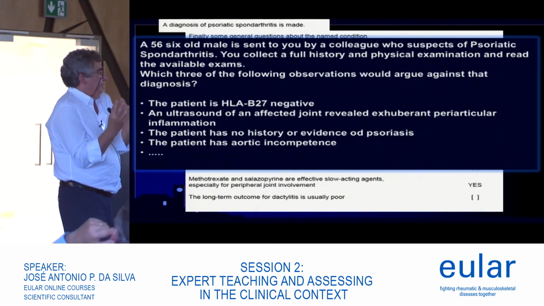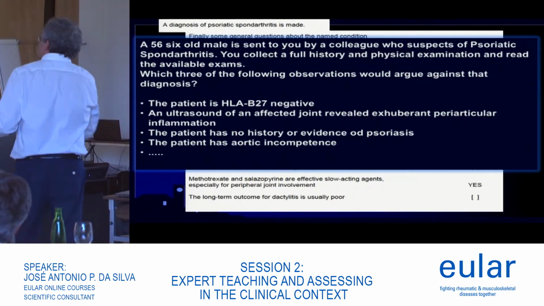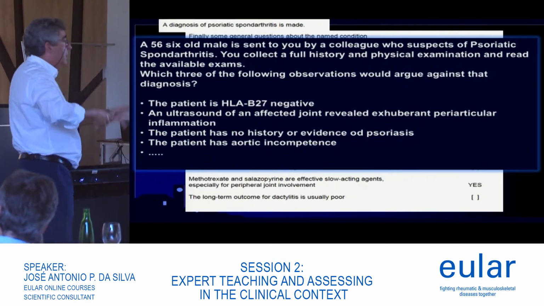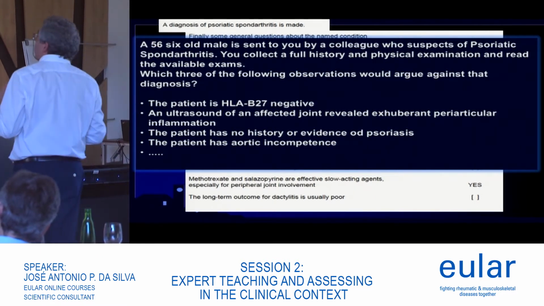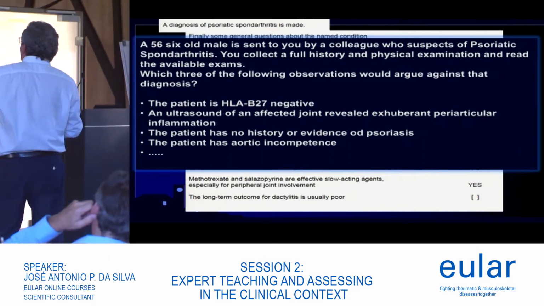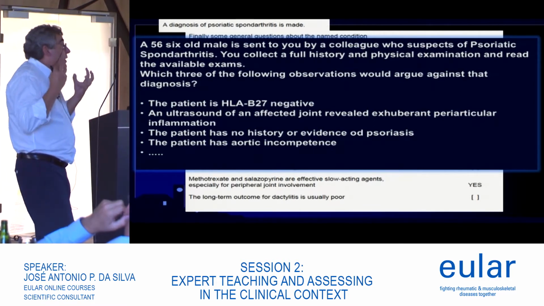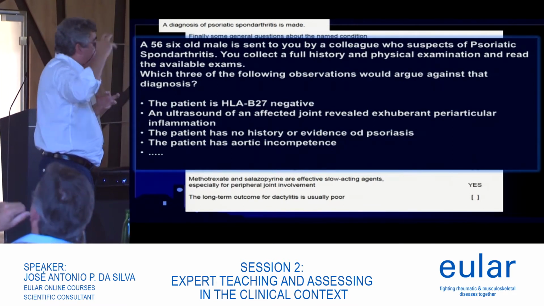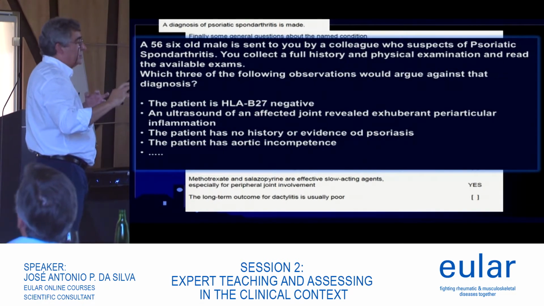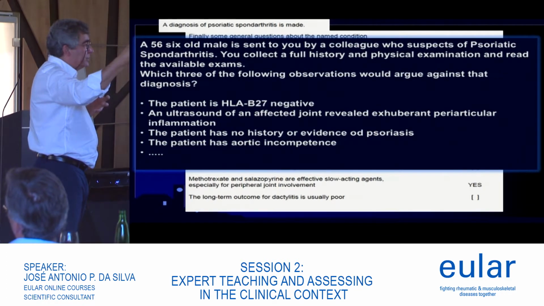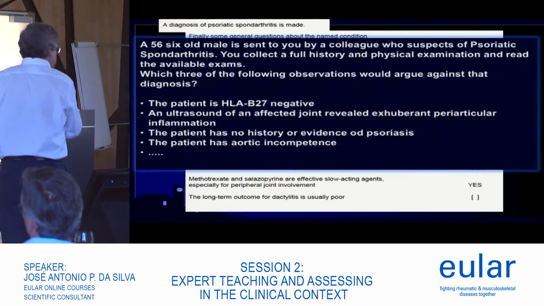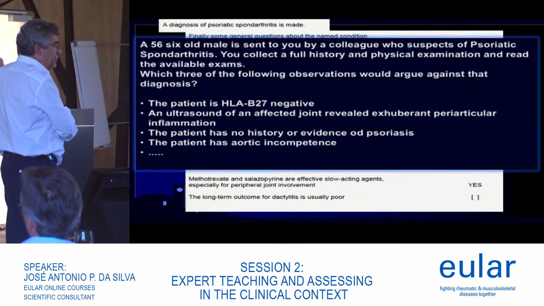Right? Then you are taking the information that you're given: HLA-B27 negative, an ultrasound shows extraarticular involvement. The patient has no history or evidence of psoriasis, and you need to know that it is not an absolute requirement that you have psoriasis to have psoriatic arthritis, so you put it into context and understand that this does not exclude the diagnosis, right?